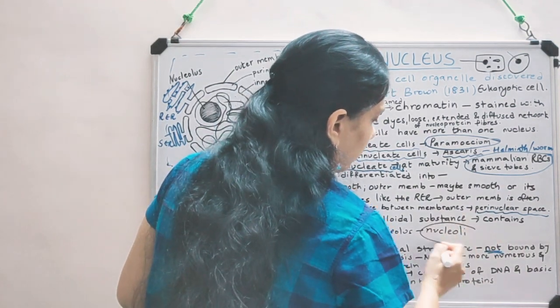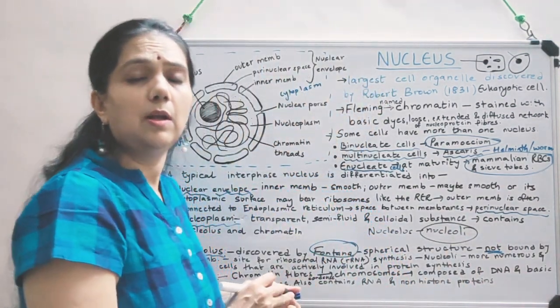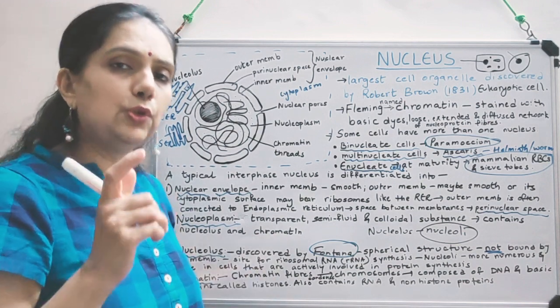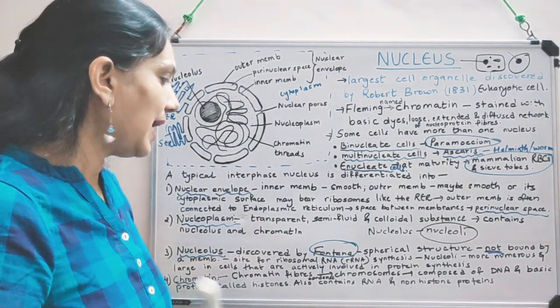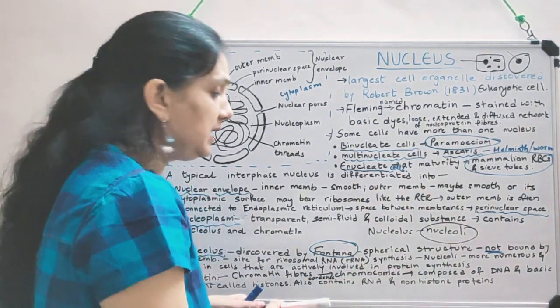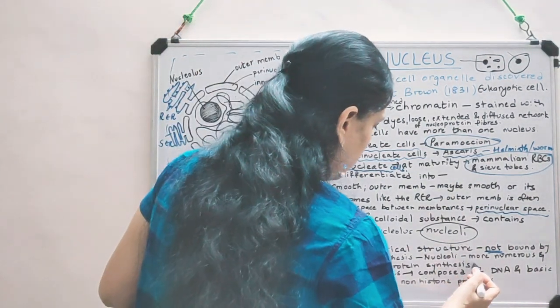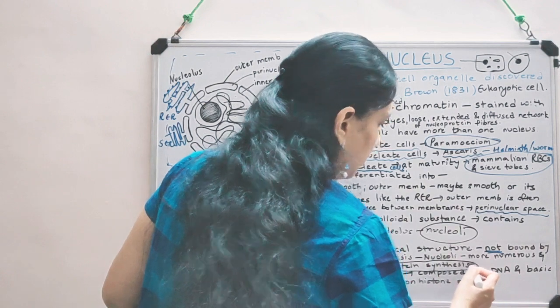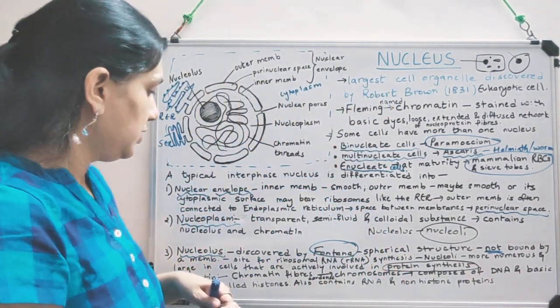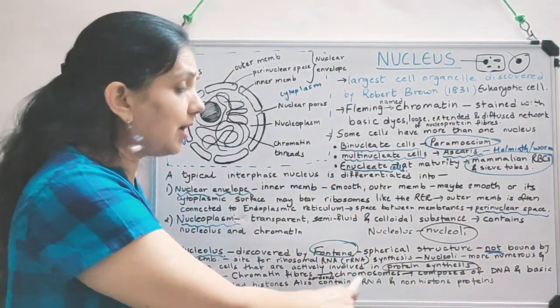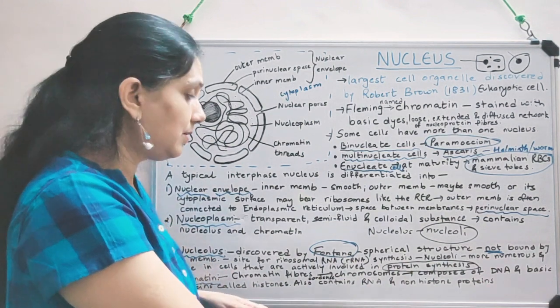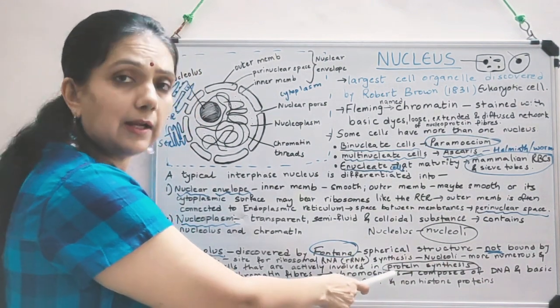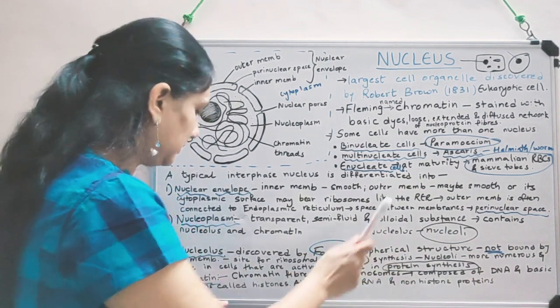So the number of nucleoli would be more in those cells which are actively involved in protein synthesis. You know, ribosome is associated with protein synthesis. So here it is rRNA, and this is active in protein synthesis.